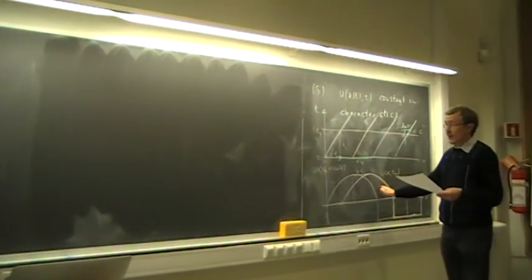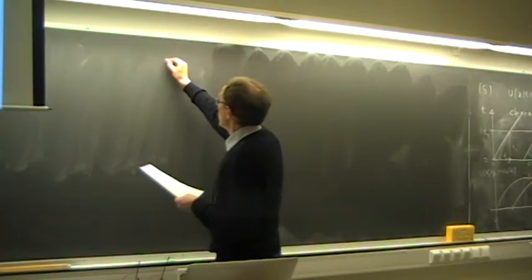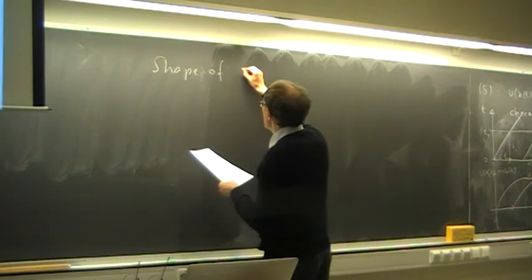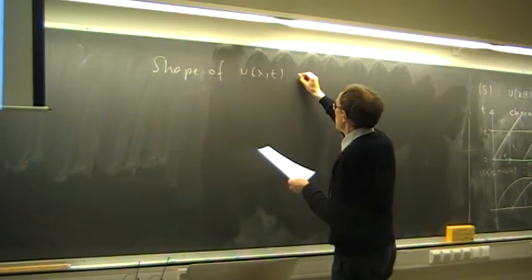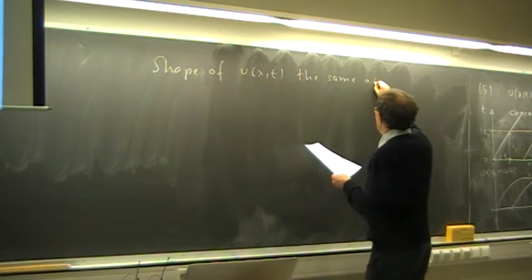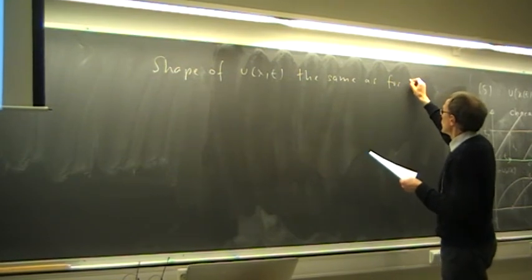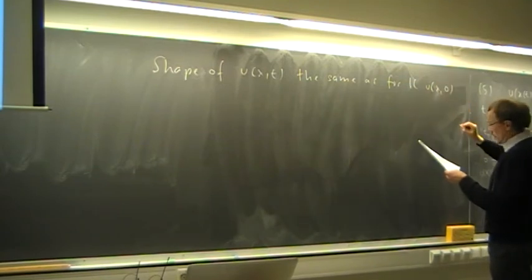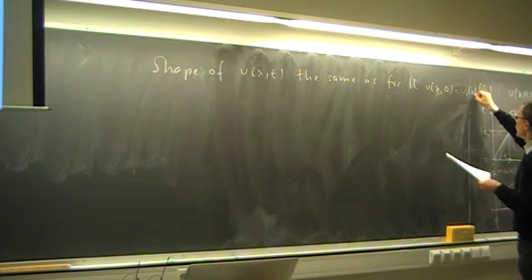First, I would like to make a remark to this. What we already said: the shape of the solution u of x,t is the same as for the initial condition u of x,0, which was our initial condition u0 of x.